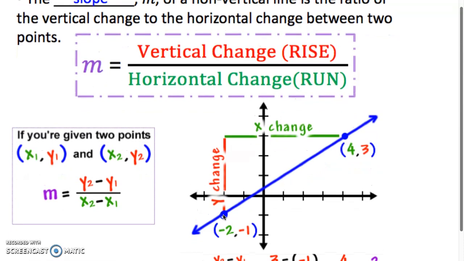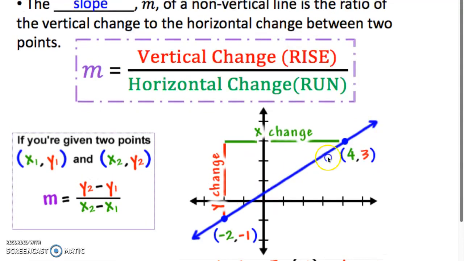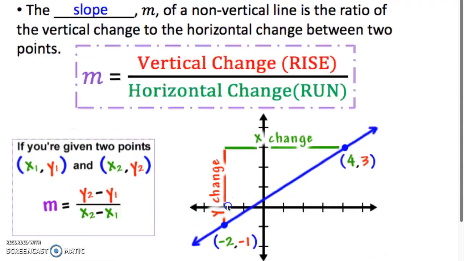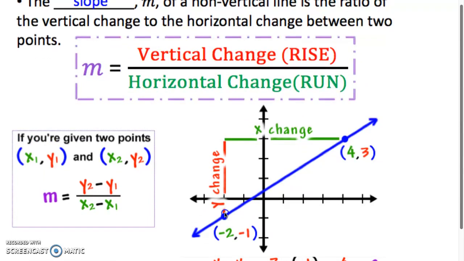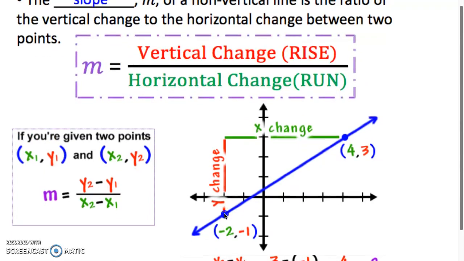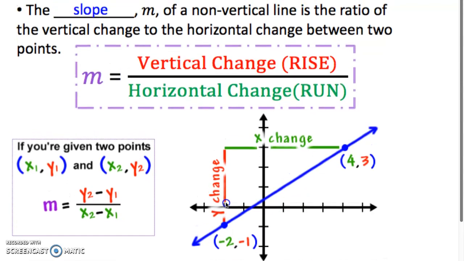So if I want to find the slope between points (-2, 1) and (4, 3), I can count up from this point to the next one. My change in y is going to be up 1, 2, 3, 4. It's positive 4. And my change in my x variable is going over 1, 2, 3, 4, 5, 6.